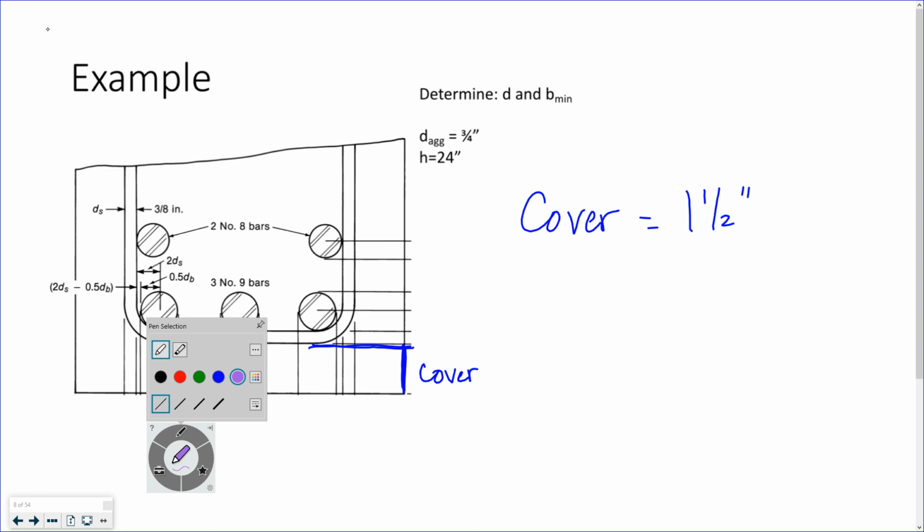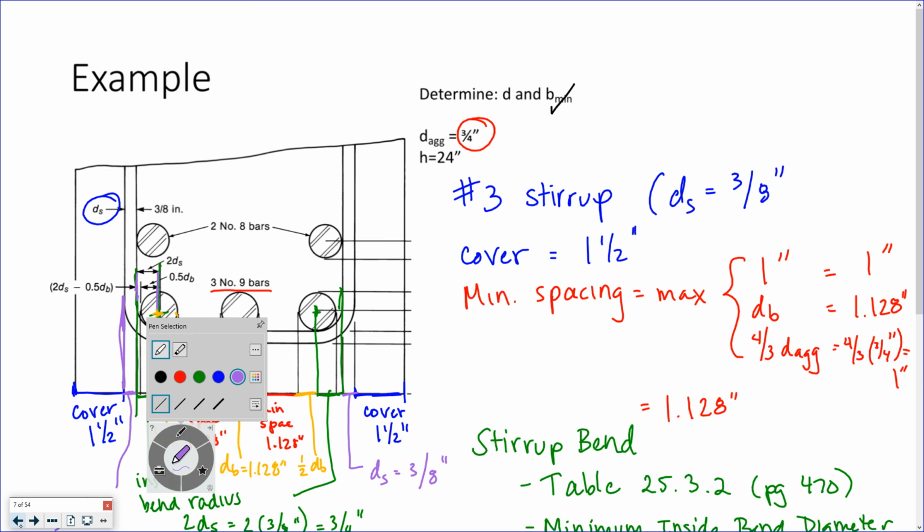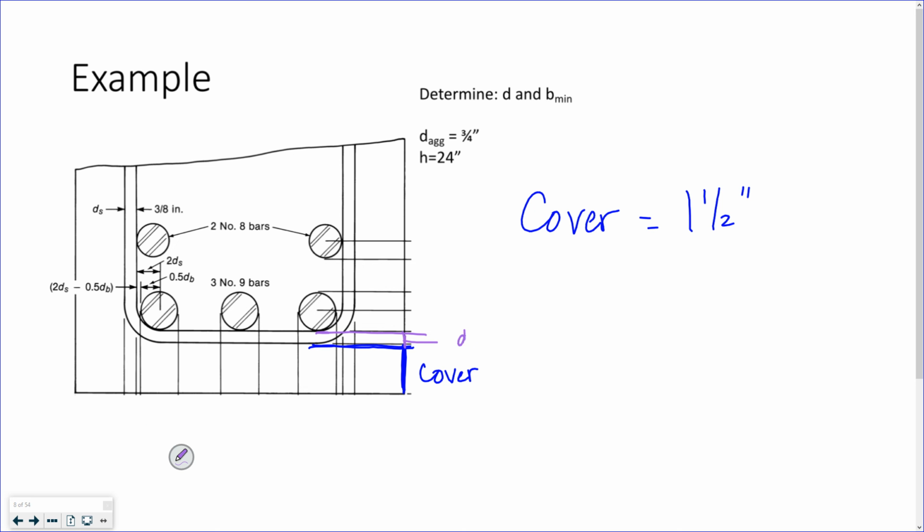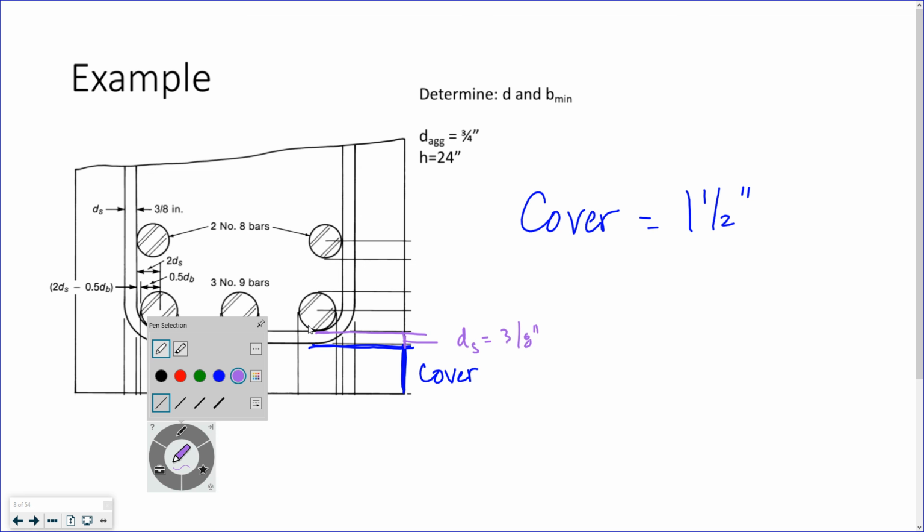We have our stirrup diameter, which is 3/8 of an inch. Our cover is 1.5 inches.